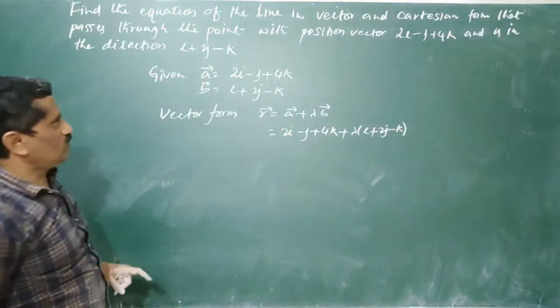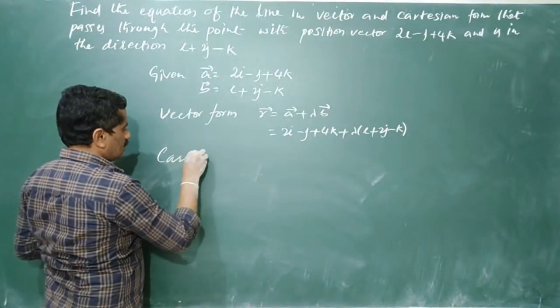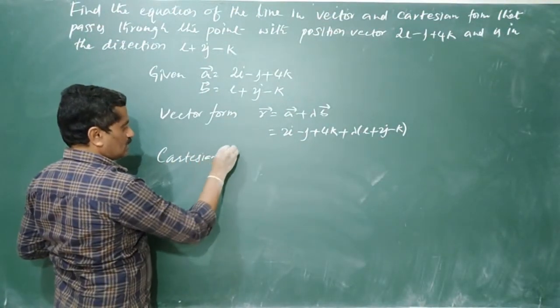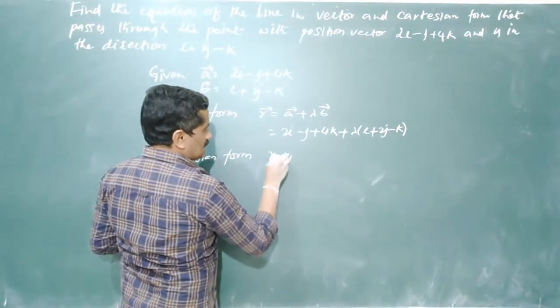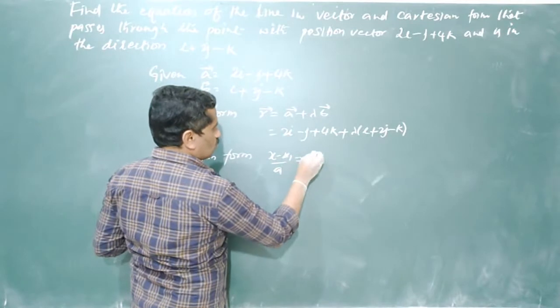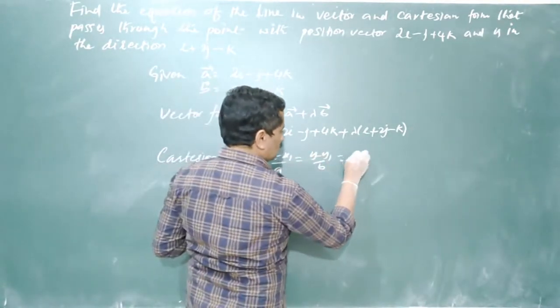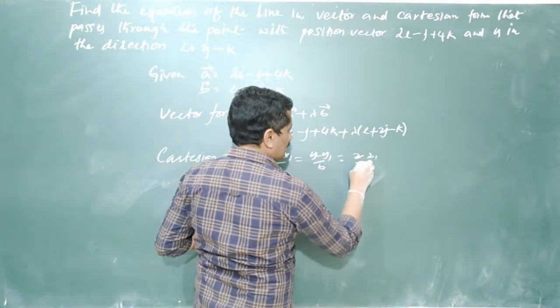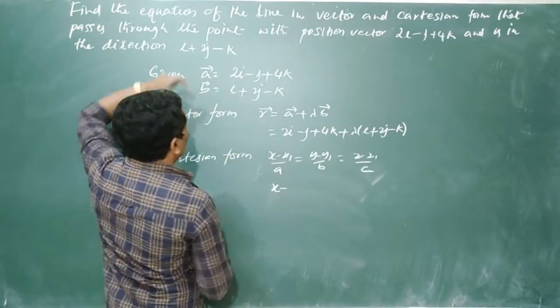Again, we need to find the Cartesian form. So we have Cartesian form, that is x minus x1 by a is equal to y minus y1 by b is equal to z minus z1 by c. That implies x minus x1. What is the value of x1?